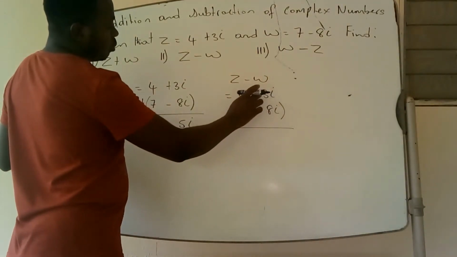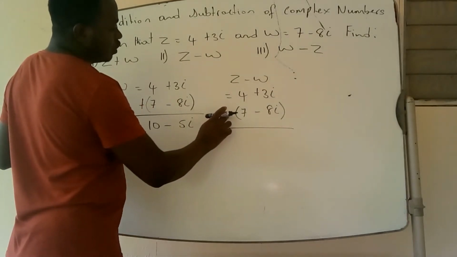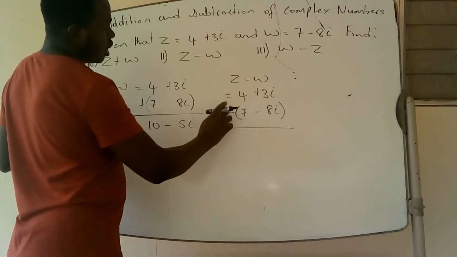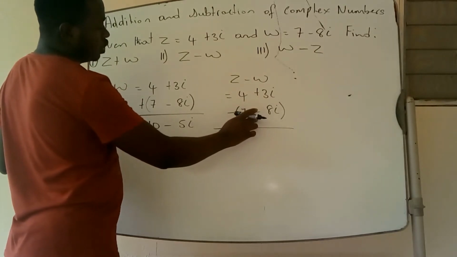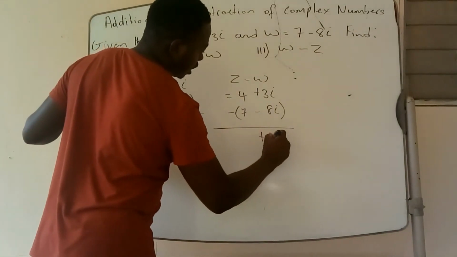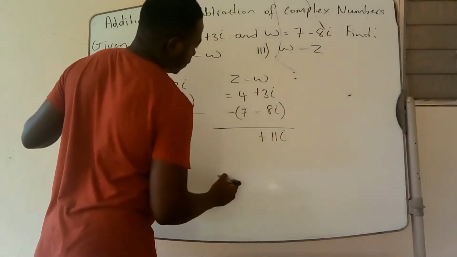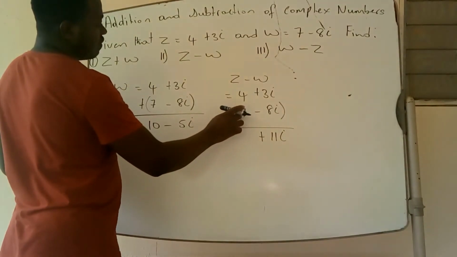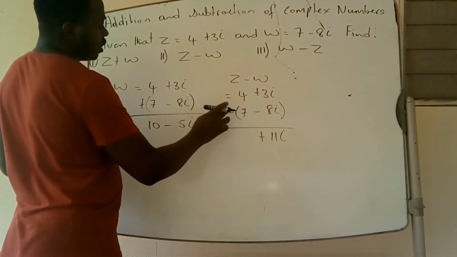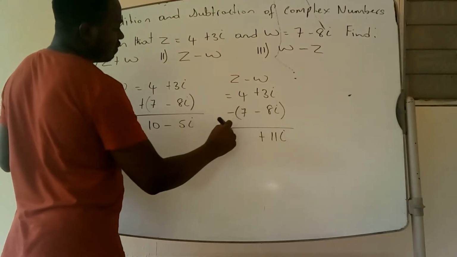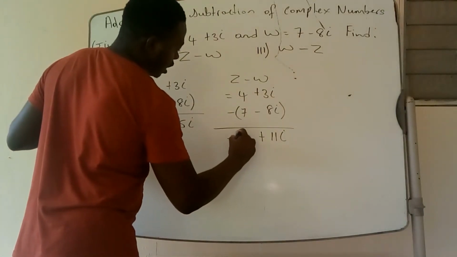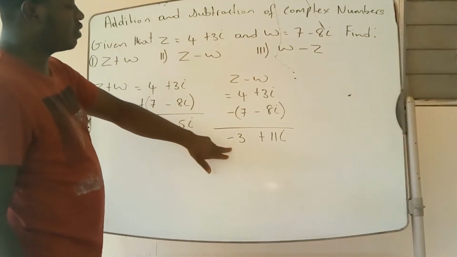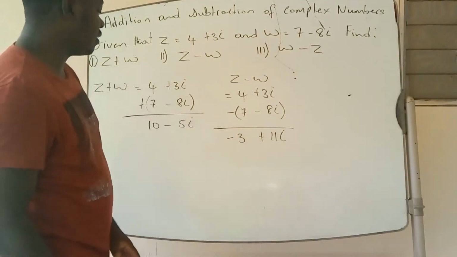So we have positive 3i minus 8i. These two minuses are multiplying, so it's going to become plus. So this is just going to be plus 11i. Here we have 4 minus 7, that's going to leave us with negative 3. So our final answer is negative 3 plus 11i.